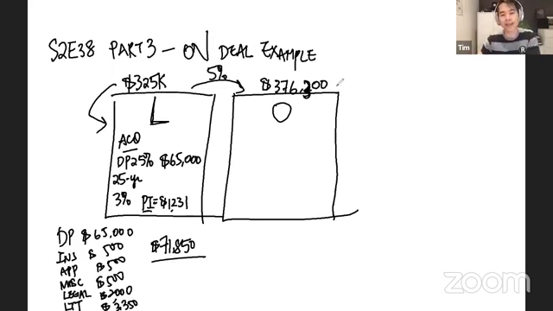So what I mean by that is, if we're looking at $376,300 as their option to purchase price, the 10% total option consideration in this case would work out to be $37,630.